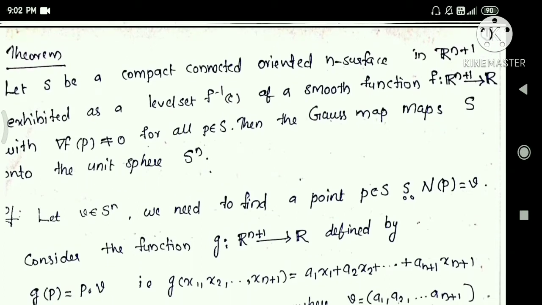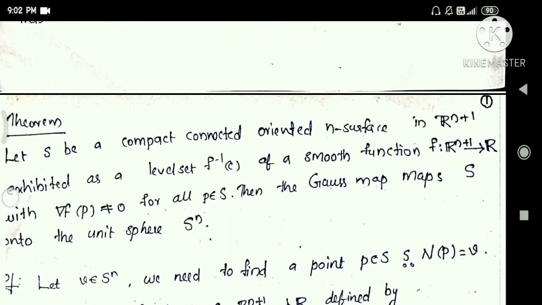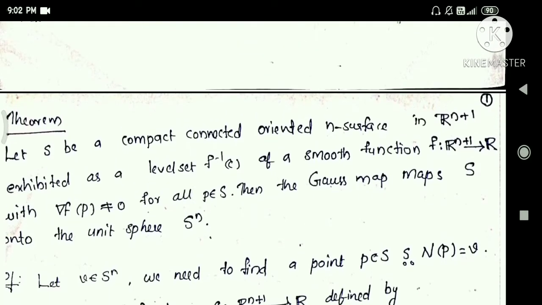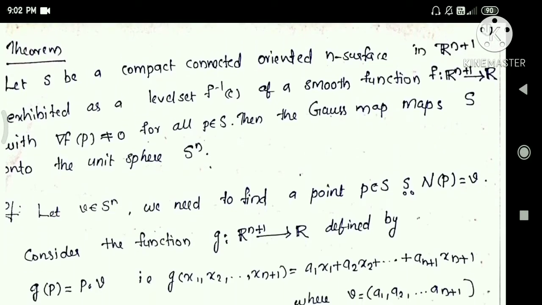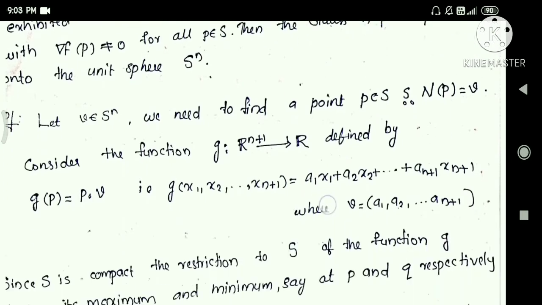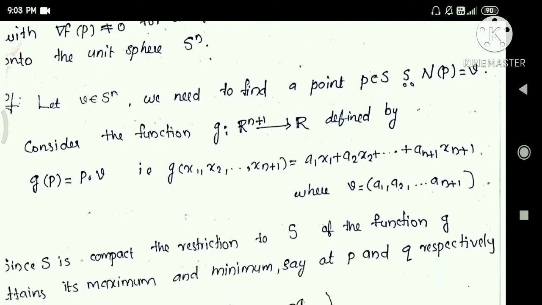Here we need to prove that this Gauss map maps S onto the unit sphere S^n, and a function f from a set X to Y is onto if for each y belonging to Y there exists a pre-image in X. So for that, let v belong to S^n.